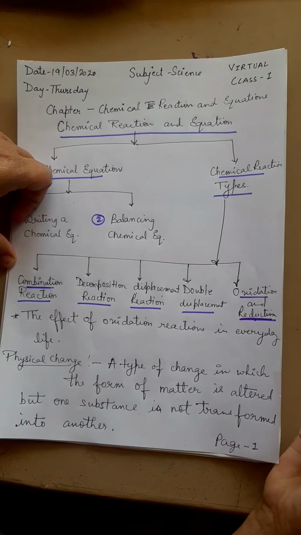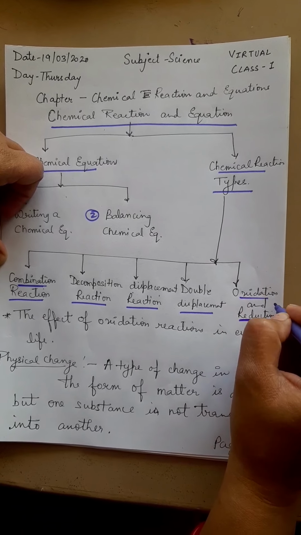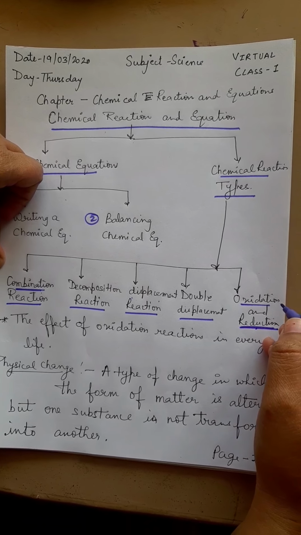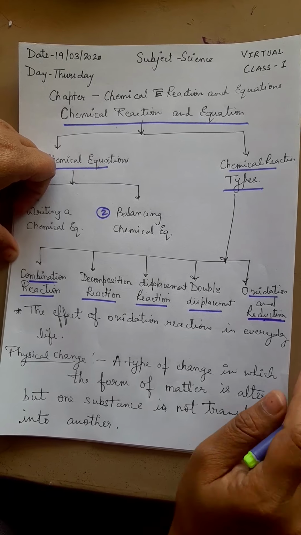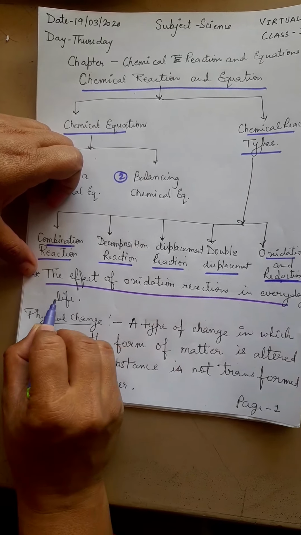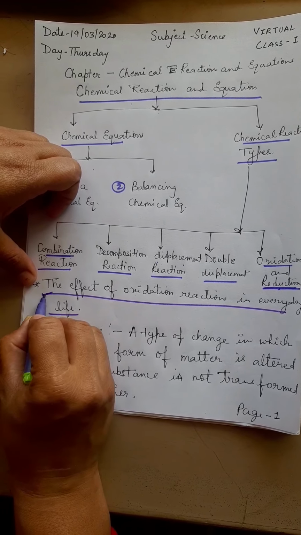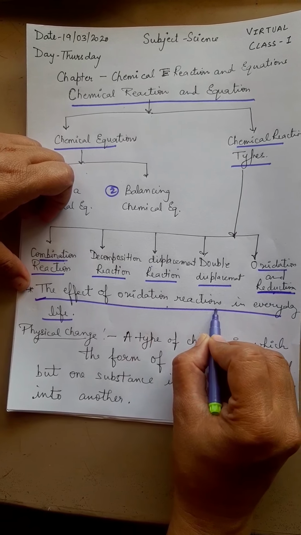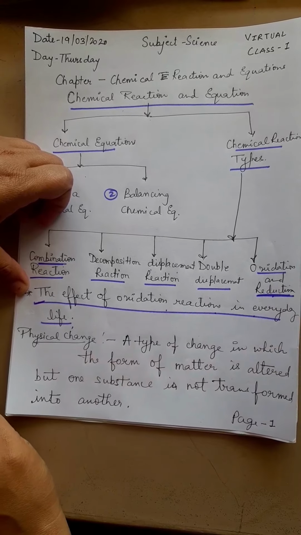Oxidation and reduction means removal and addition of hydrogen and oxygen will take place. And in this chapter we'll take one important thing, the effect of oxidation reaction in everyday life.